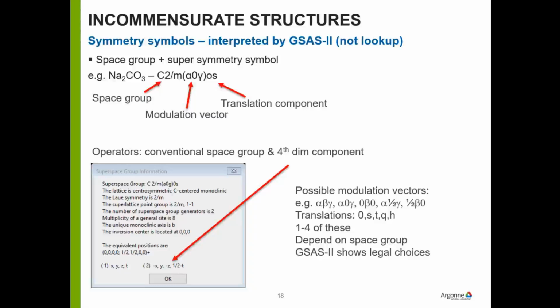And then this thing is a translation component on the two modulation vectors. It tells you whether there's an offset or not. A little bit like a glide, but not quite. So the operators then have 4 pieces, an X, Y, and Z, and then this fourth dimensional offset. So that S that's there is where this little half comes from.